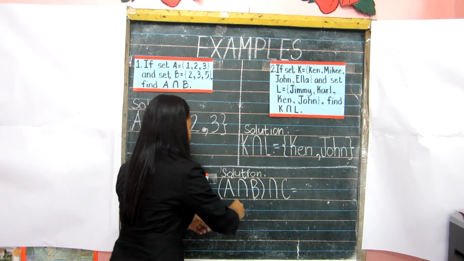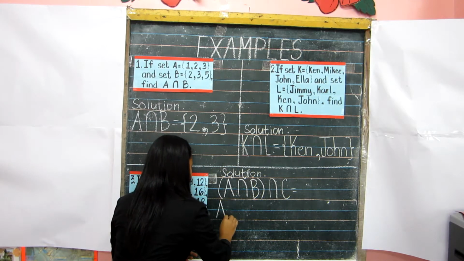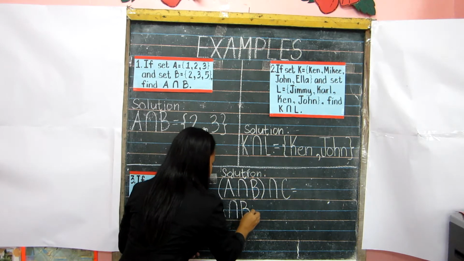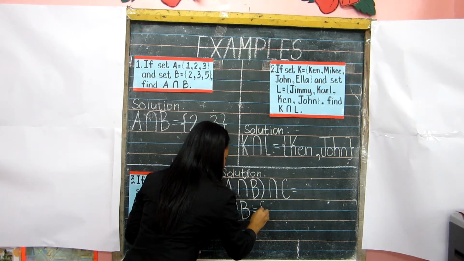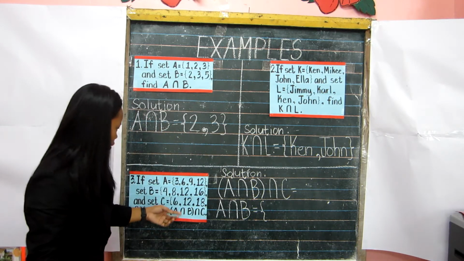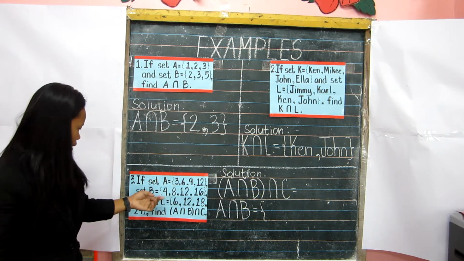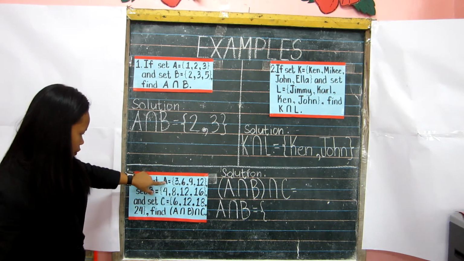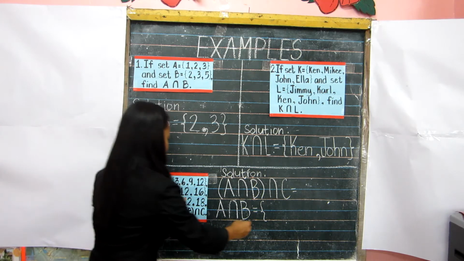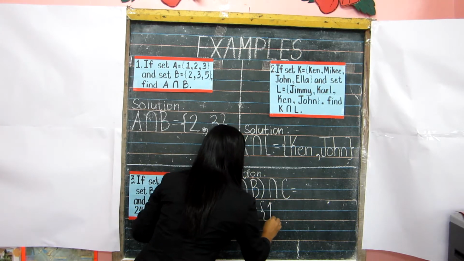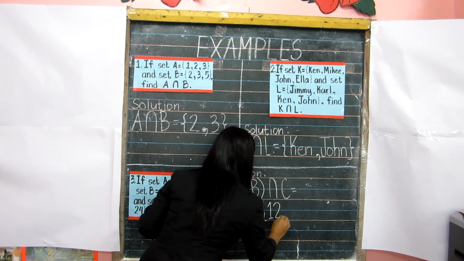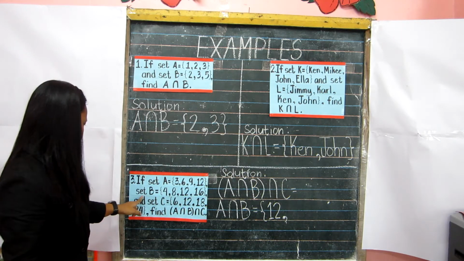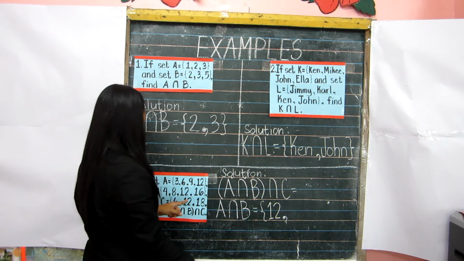So let's find A intersection B. What are the common elements in A and B? We have 12 only.